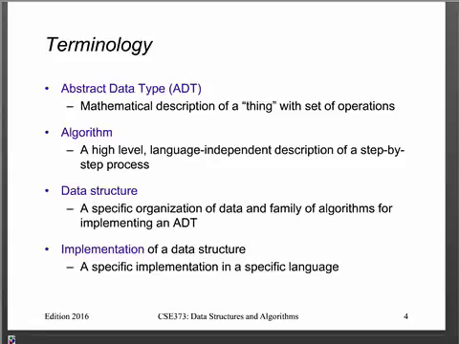A data structure is different than an algorithm. A data structure is a way to organize some data, and it comes with a family of algorithms to actually use the data structure. So the data structure is a specific way to organize and to store the data.